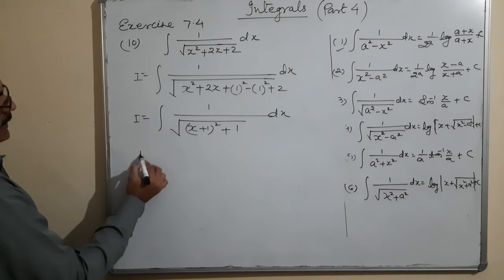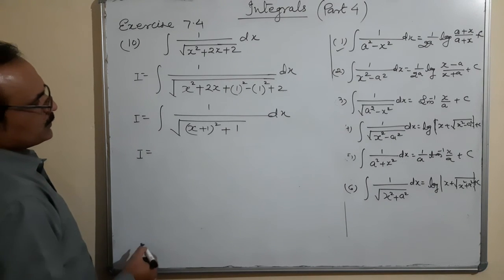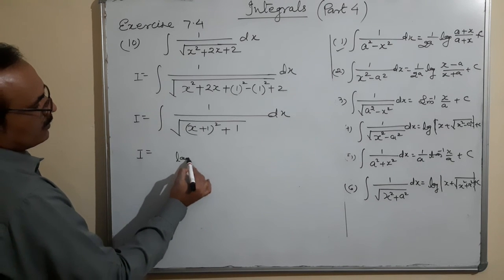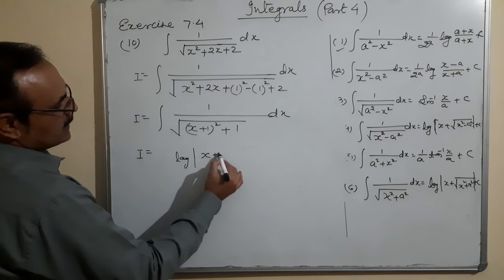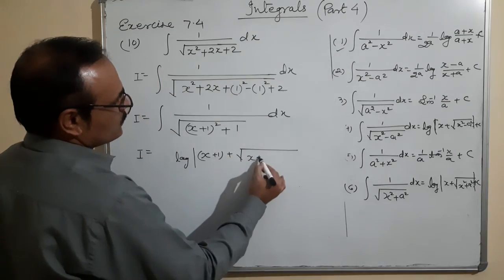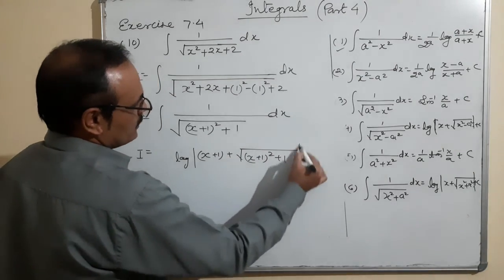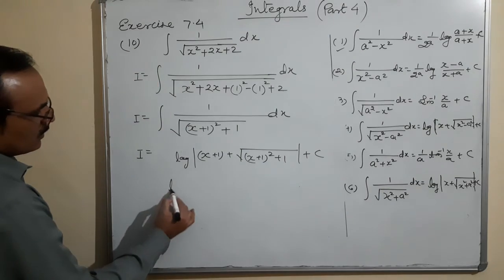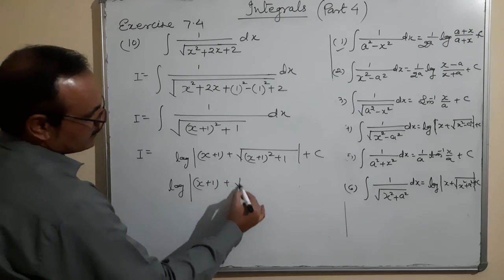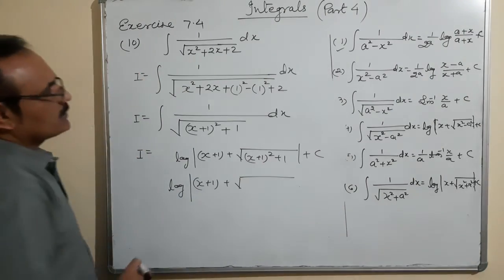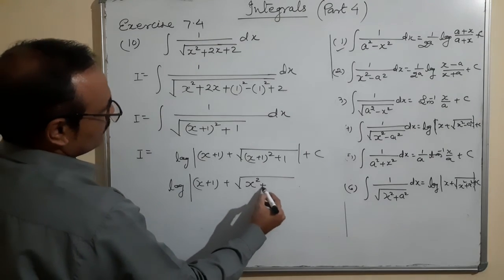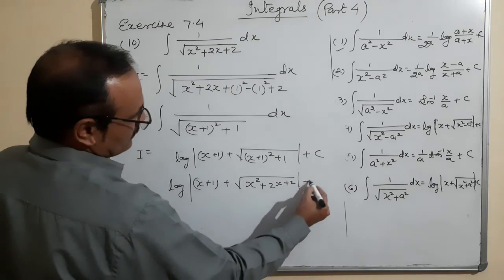Directly I can use the special formula for 1 upon under root x square plus a square: log of x plus 1 plus under root x plus 1 whole square plus 1, plus c. Or log of x plus 1 plus the complete portion, x square plus 2x plus 2. Understood?